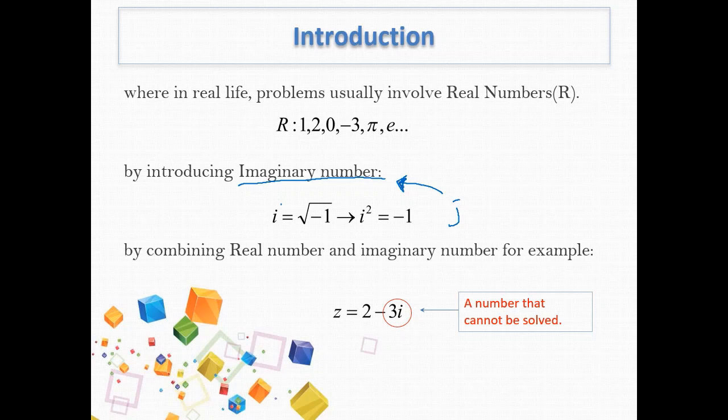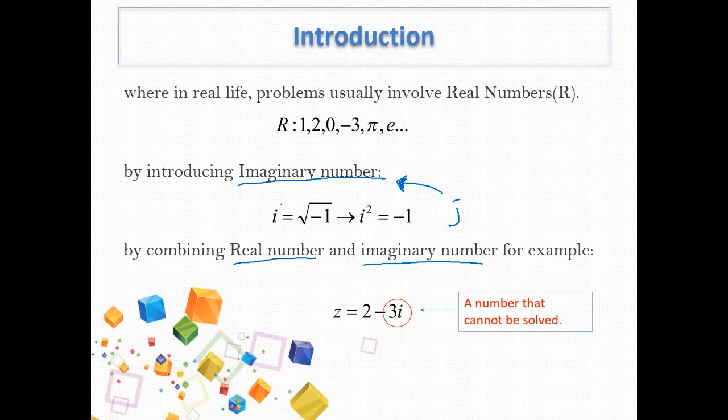So you can use either i or j to represent the imaginary number. By introducing this imaginary number, the previous quadratic equation, which had no real solution, can now be solved by combining the real number and the imaginary number.